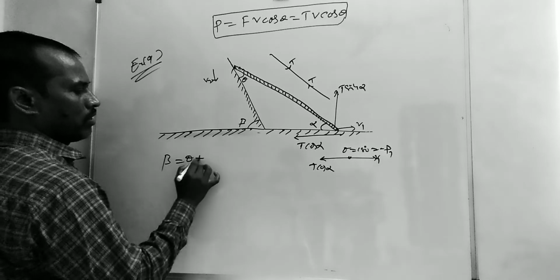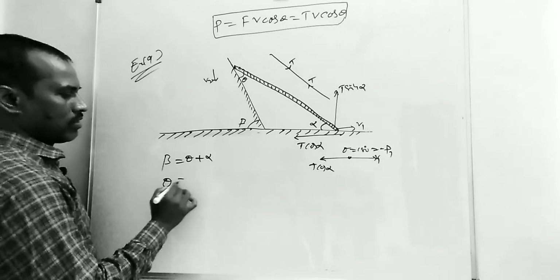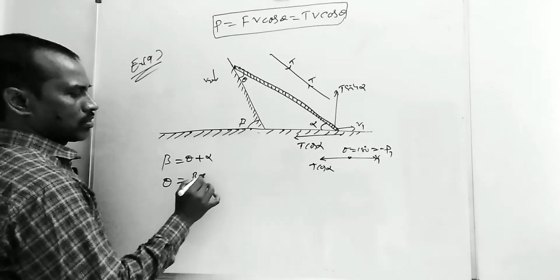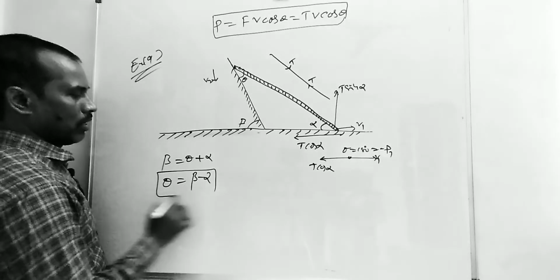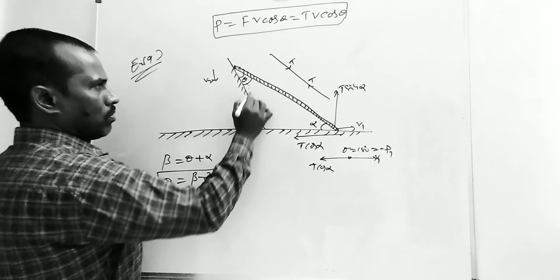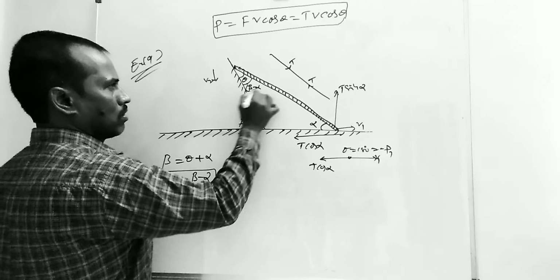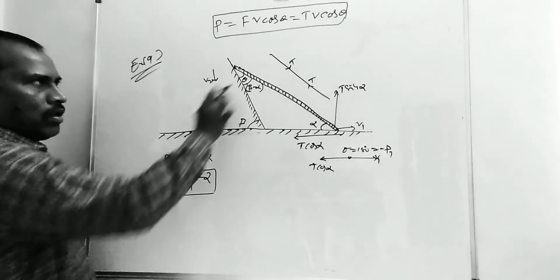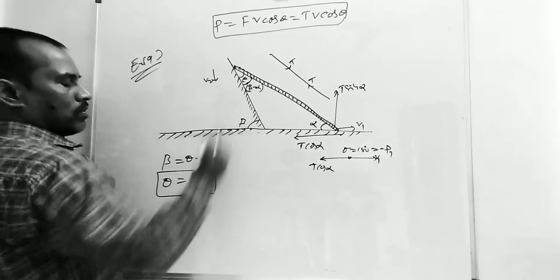So theta is equal to beta minus alpha. Now theta is equal to beta minus alpha.